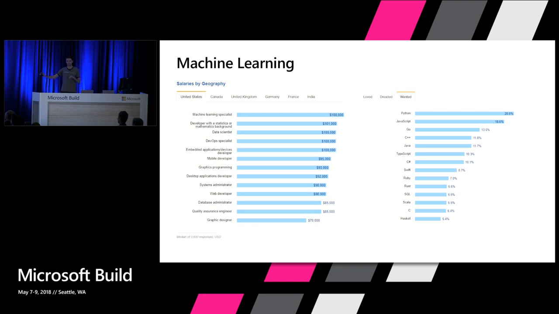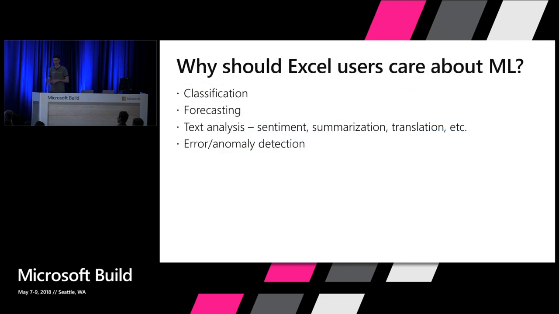This is just from the Stack Overflow annual survey. You can see machine learning specialist is the highest paid right now for developers in the United States, and Python is a super popular language. There's a bunch of different cases today why it's fantastic to get those Azure machine learning capabilities right into your spreadsheets.